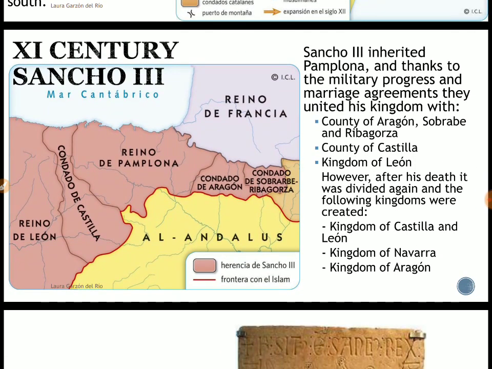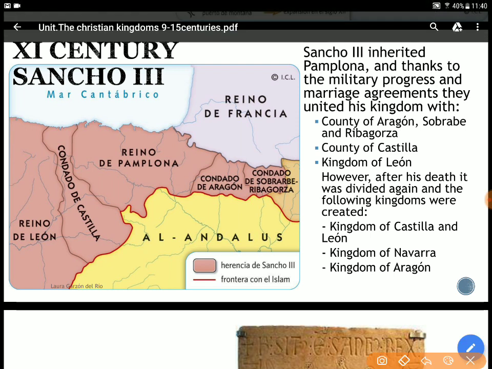Sancho III is going to inherit the Kingdom of Pamplona, and thanks to military progress on one hand and marriage agreements on the other, remember that we have talked about the importance of marriage agreements, he is going to unite his kingdom with everything around: the county of Aragon, Sobrarbe y Ribagorza, the county of Castilla, and the Kingdom of León.